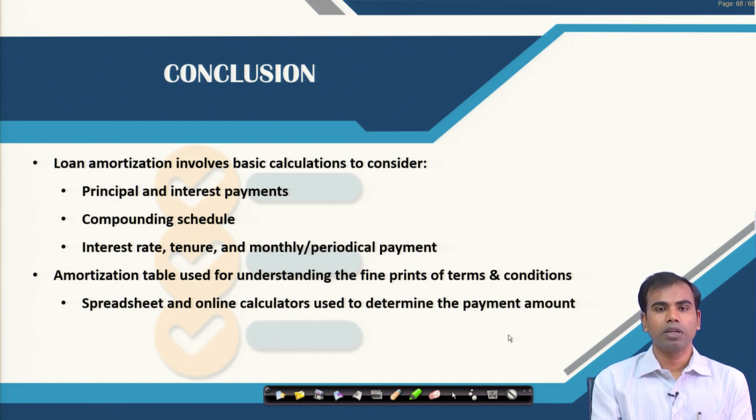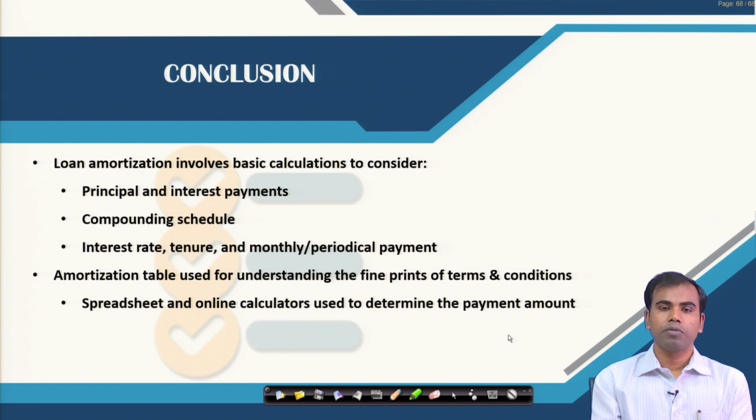The amount basically paid by borrowers to the lender includes principal amount and interest payment, and compounding schedule determines the extent to which principal amount has been taken away from the payment schedule.